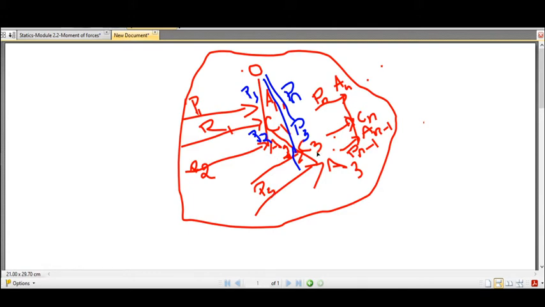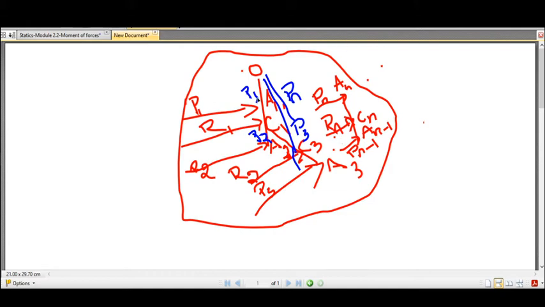Therefore R2 is the resultant of the two forces R1 and B3. Likewise, Rn is the resultant of the force Bn and the previous resultant Rn minus 1.